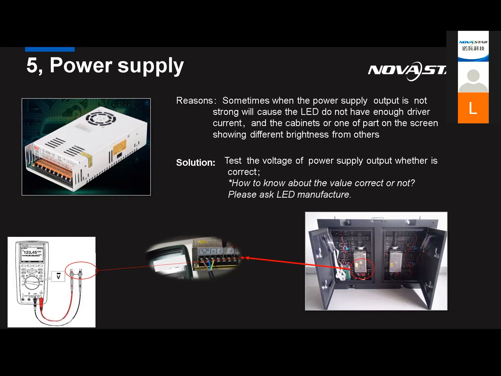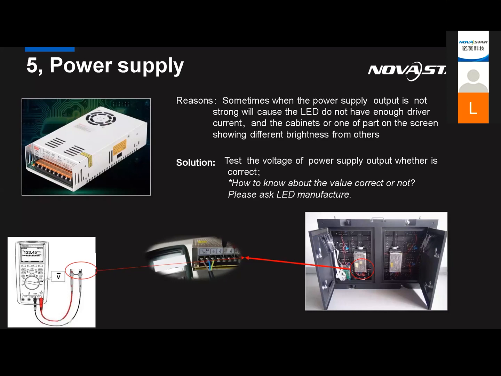So this can be another troubleshooting scenario. One cabinet is totally black. I remember I did on-site support for this scenario. One cabinet was always black, and the customer asked me, Rob, what is going on? What is the problem? Why is my cabinet always black? I tried to check the receiving card.